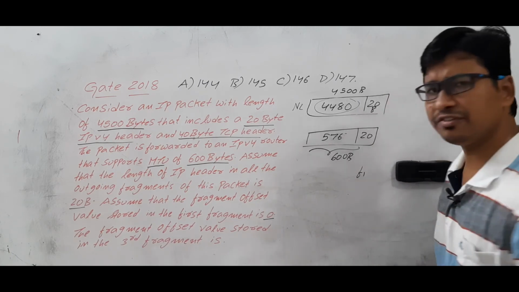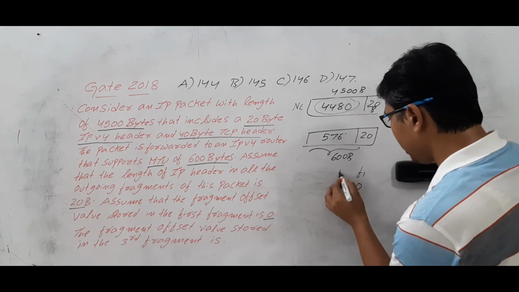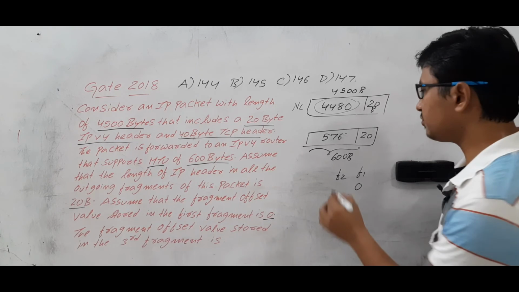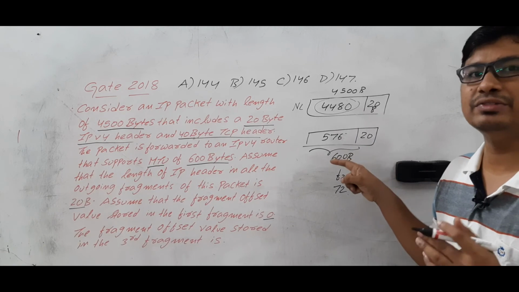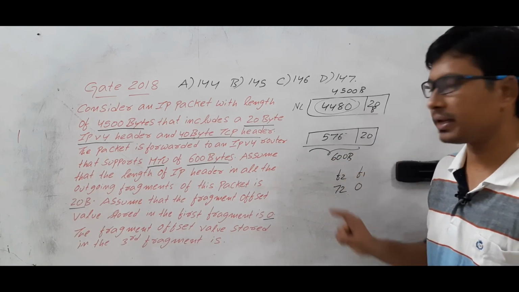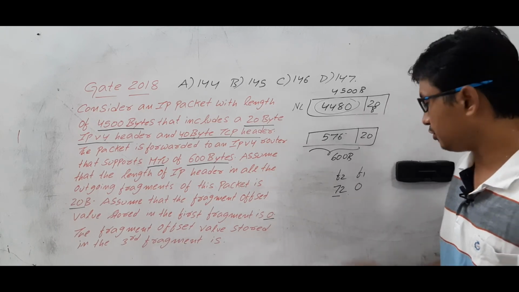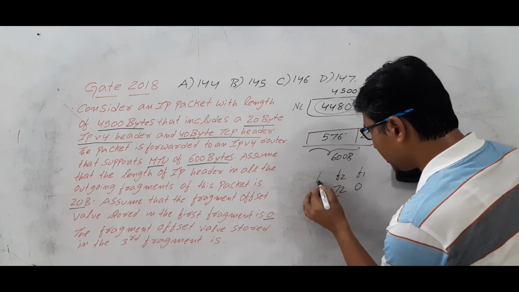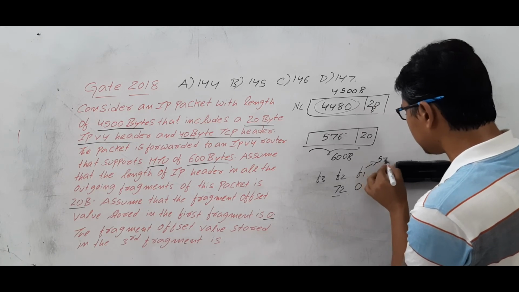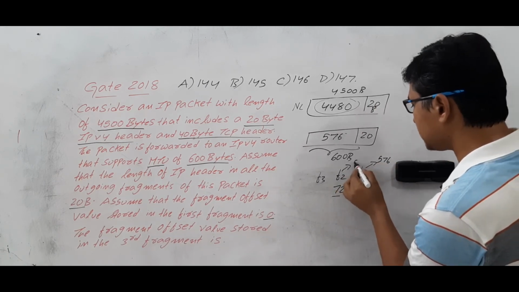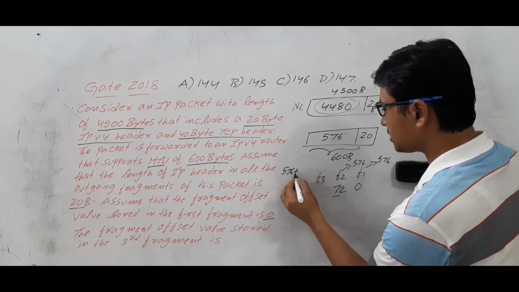In the first fragment, the offset value will be 0. In the second fragment, the value will be 72, because before that you have sent 576 bytes of data. So the fragment offset value for F2 will be 72. For F3, before that you sent 576 bytes in one packet and 576 bytes in another, so it will be (576 plus 576) by 8.